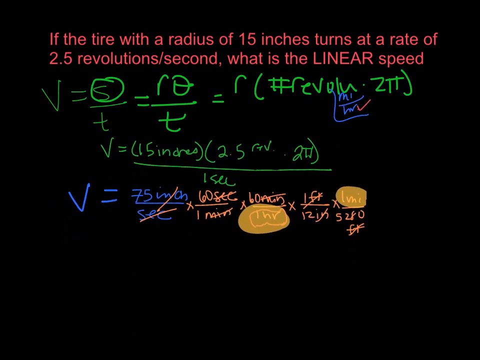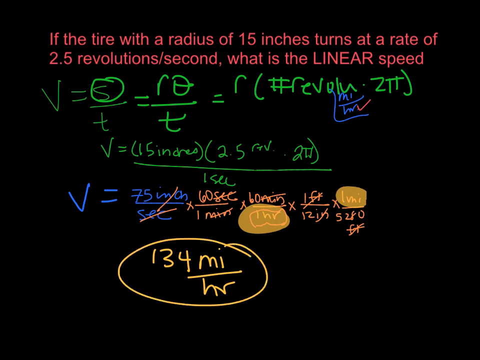Okay, so now let's go back to my pen. 75 pi times 60 times 60 all on the top, divided by the 12 times the 5,280, you end up with 134 miles per hour if you reduce it. All I did was multiply everything out and divide by 5,280 divided by 12, and you get 134 miles per hour.